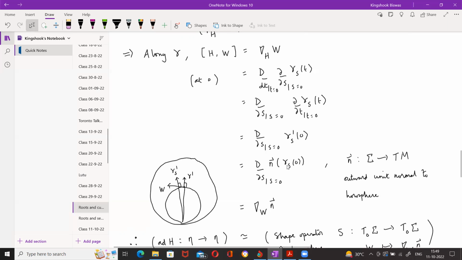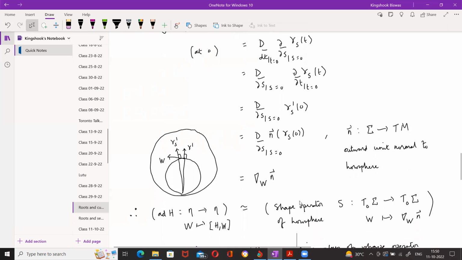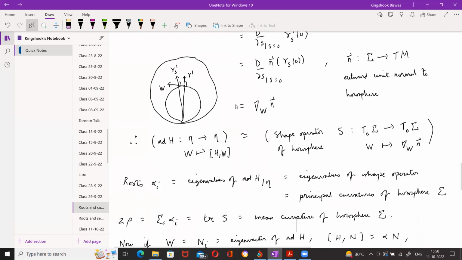So in other words, this is the covariant derivative of the outward normal in the direction of W, right? Because I'm differentiating D del S, this del del S of gamma_S of 0 is just W. If I differentiate with respect to S, I get the vector W. So this becomes nothing but nabla_W of N. Is this clear? So it's just a shape operator, which is exactly the shape operator of the horosphere.